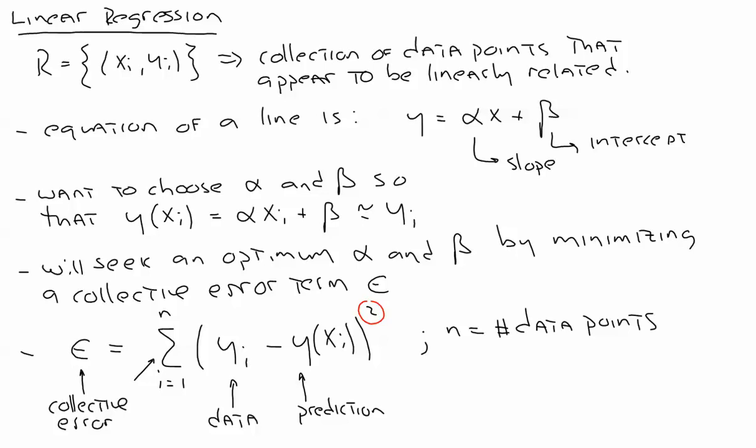So that power of 2 there makes the errors at each data point positive, and it allows me to take a derivative easily.